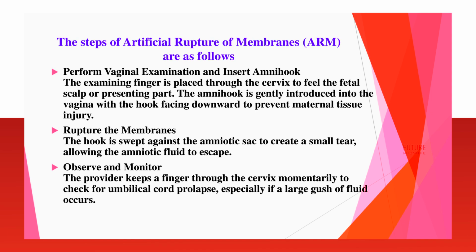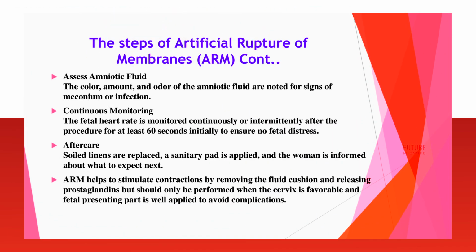Next, we have to examine the amniotic fluid. The color, amount and odor of the amniotic fluid are noted for signs of meconium or infection. The fetal heart rate is monitored continuously or intermittently after the procedure, for at least 60 seconds initially, to ensure no fetal distress.